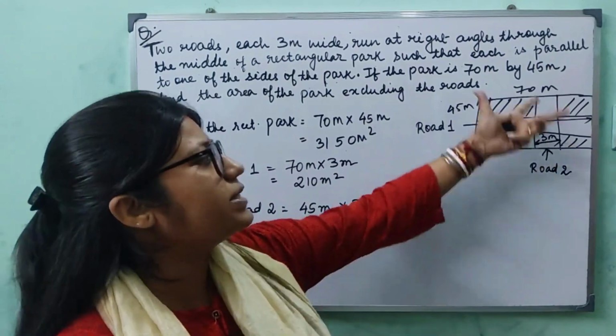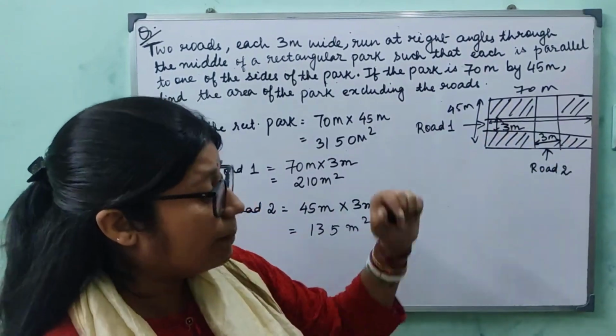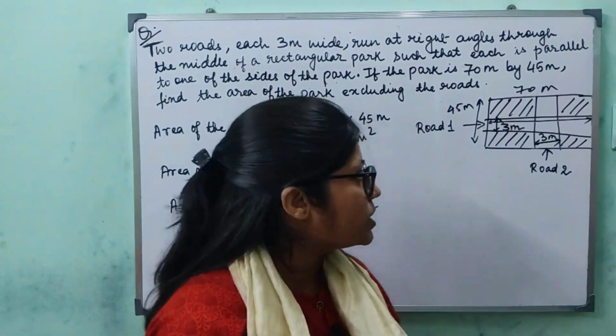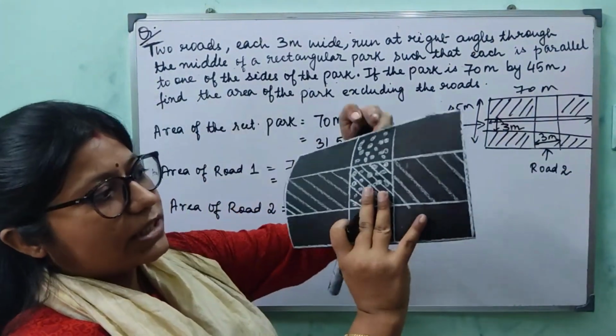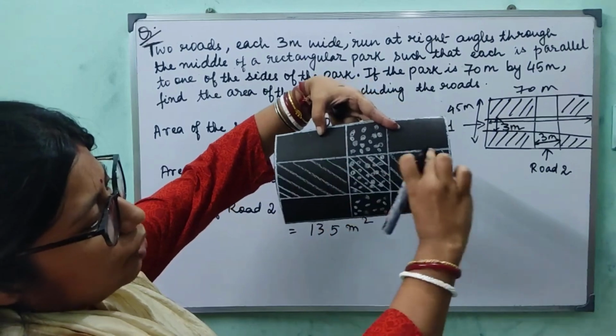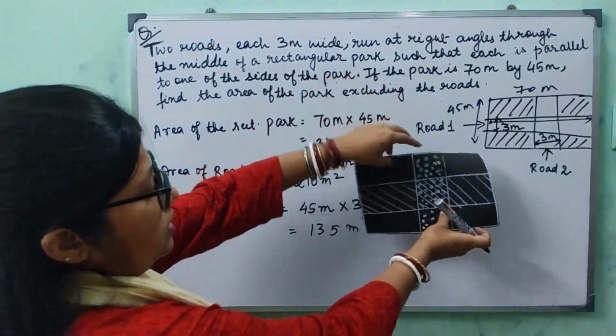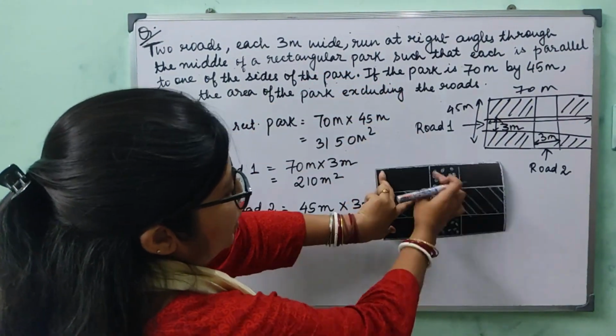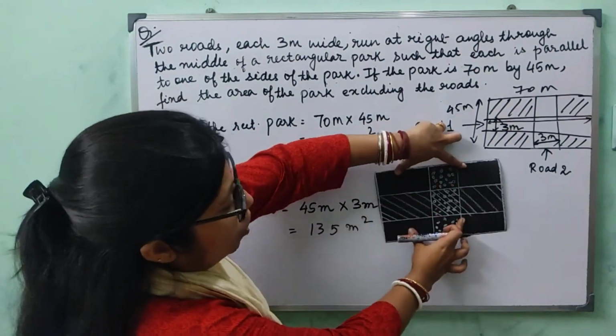Now, the normal thing that will come to your mind is that we will add the two roads and then subtract it from the area of the park. But one thing you notice over here: suppose I have taken this road with these stripes and the other road with these dots.